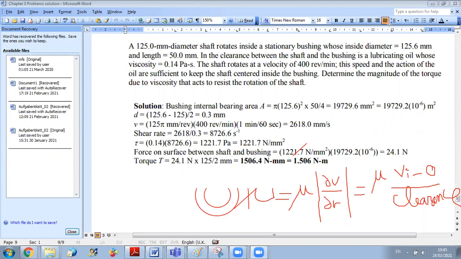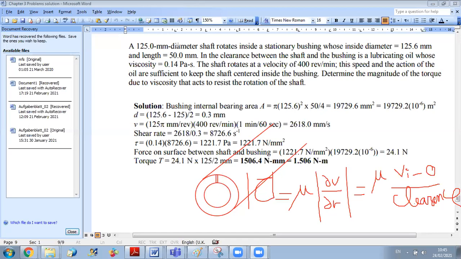Exactly, I should do 2 pi r times L, and I will take the inner radius. Why? Because the shear is acting to oppose the rotation of the inner shaft.